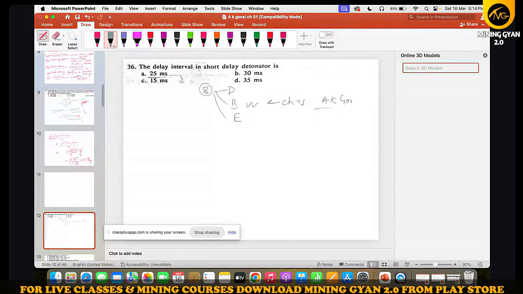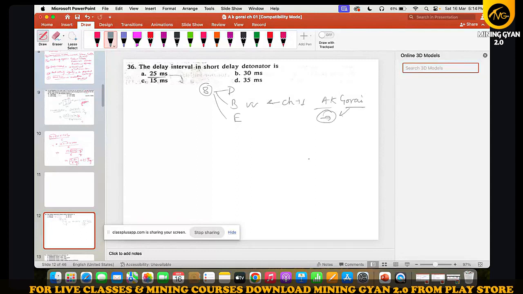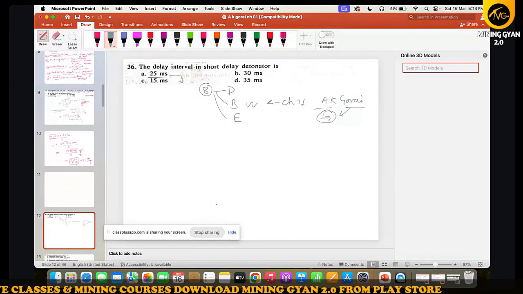But AK Gorai has mentioned a few points which will help you to solve the question, but it will not help you to solve the theoretical question. So you should read this chapter at least for now. Okay. So the delay interval for the short delay detonator is 25 ms.